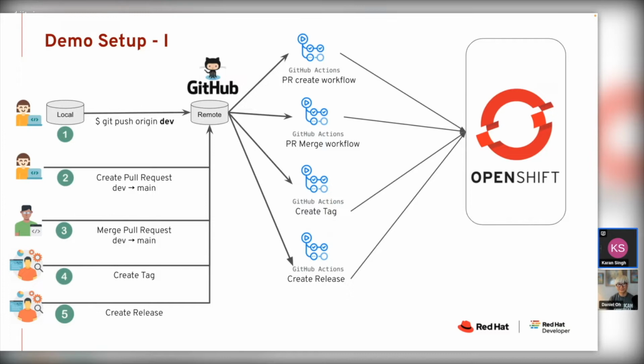In step number 3, the pull request will go to Daniel. Daniel will say, okay, Karan, you have written this code. He will do some review, and if he likes my code, he will merge my pull request from dev to main. And then someone else, or maybe Daniel, can create a tag, and then we will release the app. So all of these actions from 1 to 5.